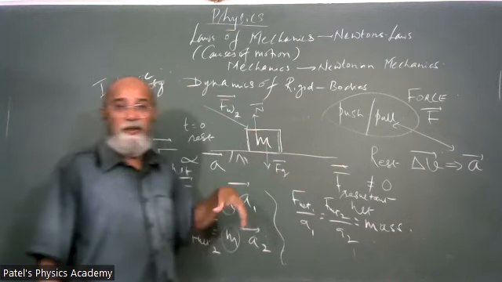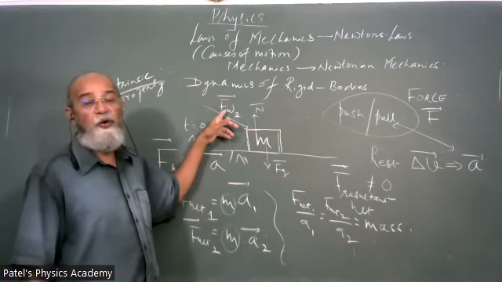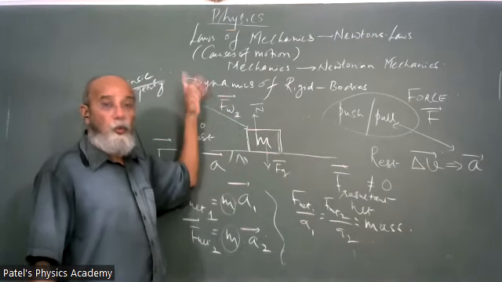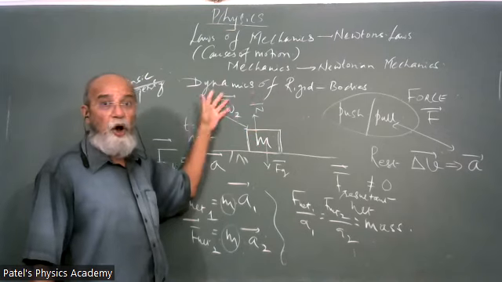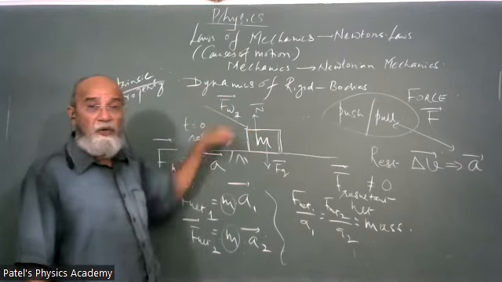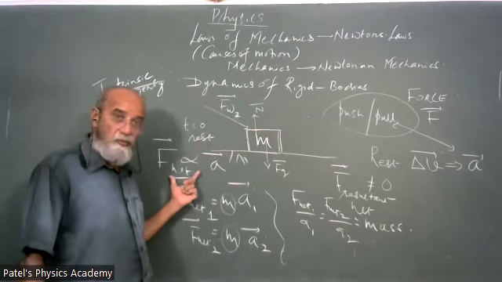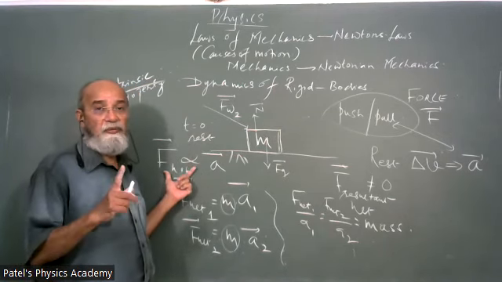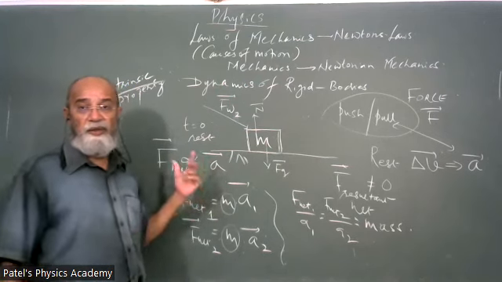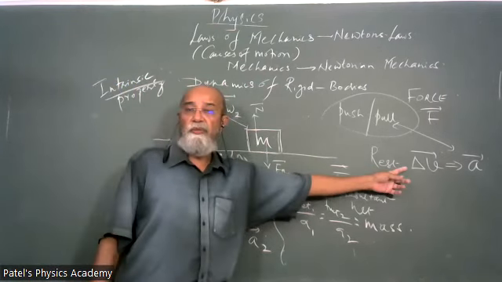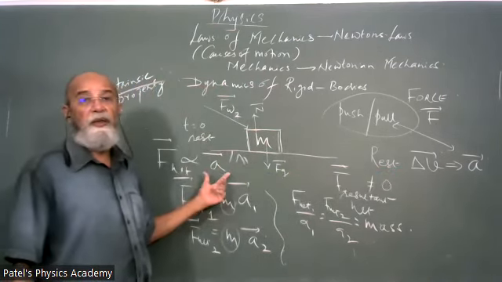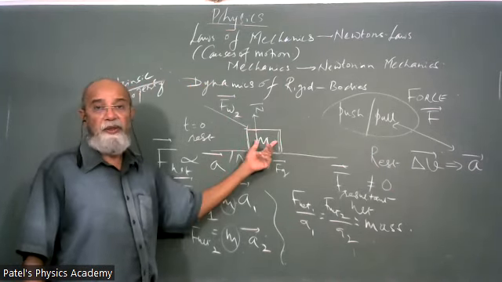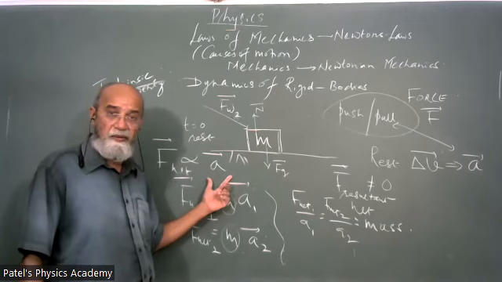When he says he applies the net force, that means there are several forces, but when all forces are added up, they give a resultant force. And that resultant force, if it is not zero, will result in a change in motion, and hence we experience an acceleration. The object experiences an acceleration.